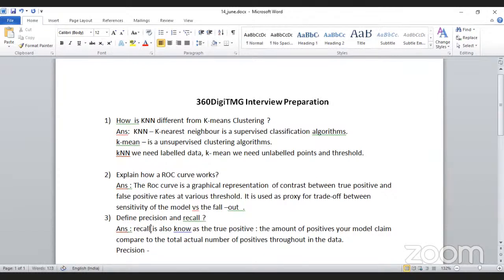What is precision then? Okay. It is known as positive prediction value.